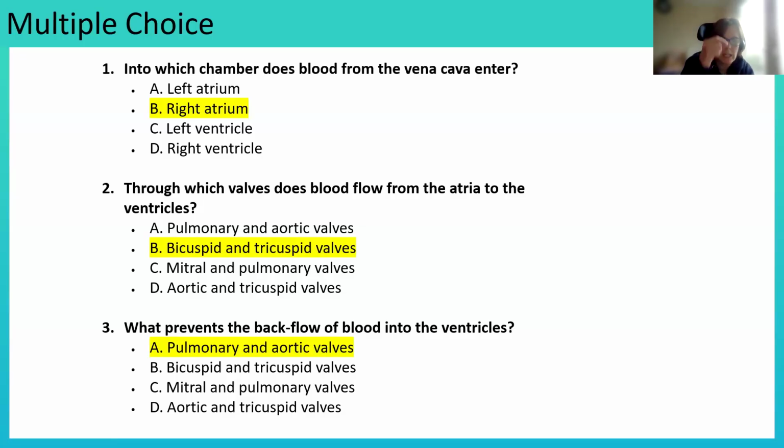So it goes in through the right atrium, and it is the bicuspid and tricuspid valves that separate the ventricles from the atria. What prevents the backflow of blood into the ventricles is the pulmonary and aortic valves, because that's where the blood is going from the ventricles. The pulmonary and aortic, the pulmonary artery and aorta. So that's what's stopping them.